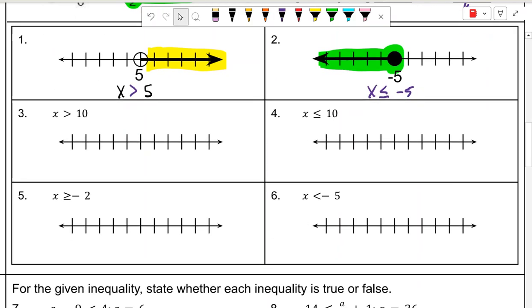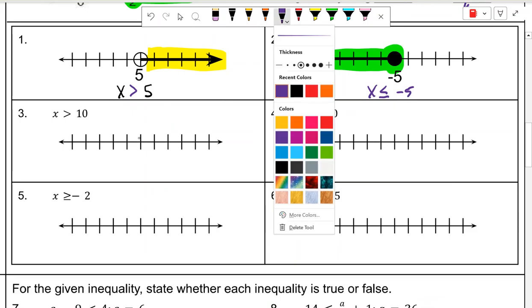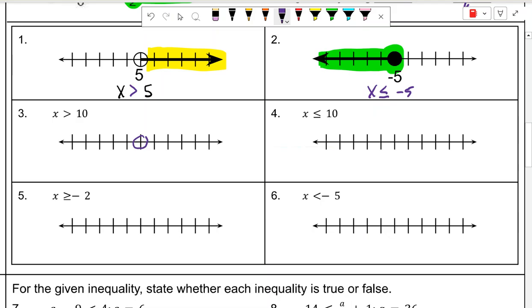Number 3. This one we need to draw it. So go to about the center of the number line, make a circle, call it number 10, and now we have to determine which way the arrow is going to go. X is greater. Greater is to the right. So here's some different styles you can use.